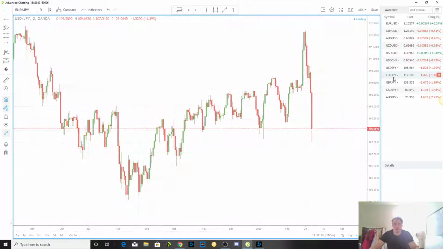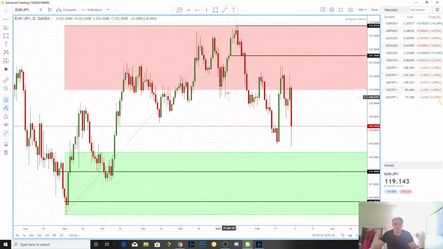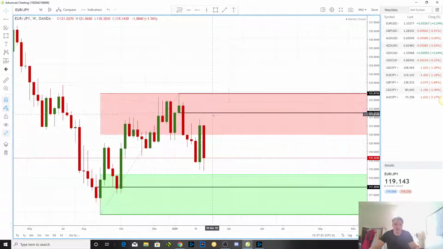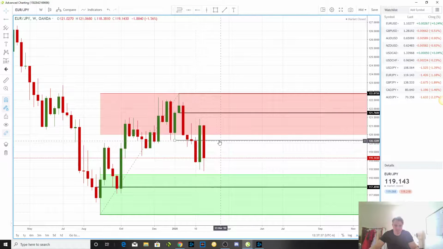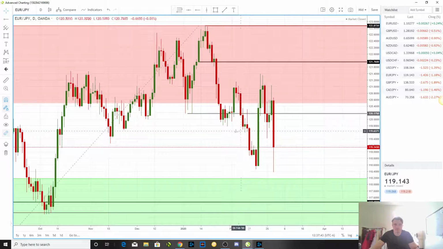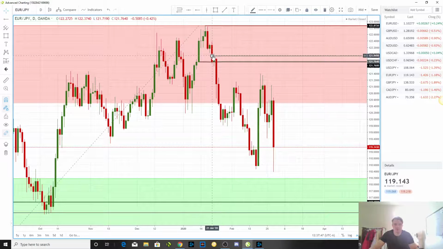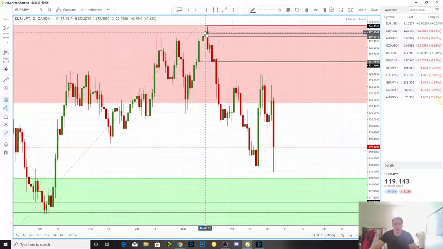So the euro yen, kind of a shit show here. Gotta go to the weekly. That's the breakout level from there, and then we'll go something like that. Pretty definitely solid daily level right there, and probably this top one as well.